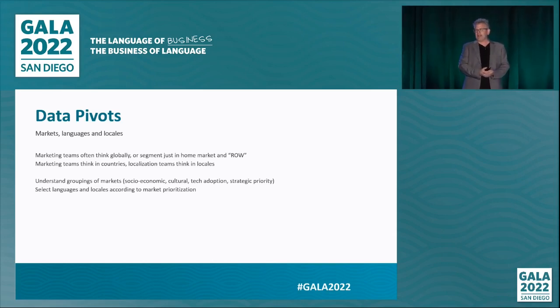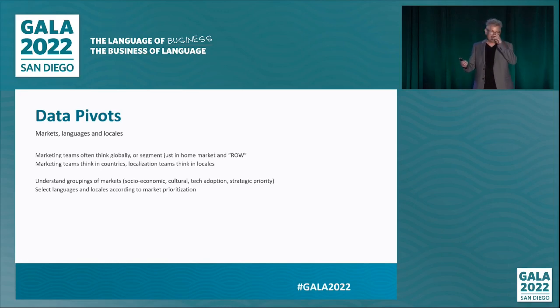And then also understanding how markets group together. The very simplest of divisions is emerging versus developed markets. I think that's a little too ungranular, but that's still something that people often look at. But you might want to group other countries. We heard about GDPR, for example.